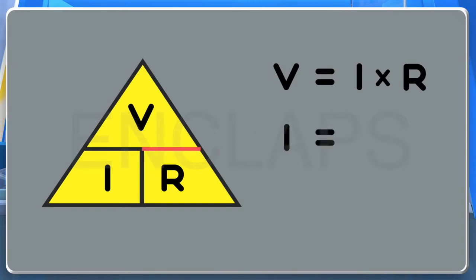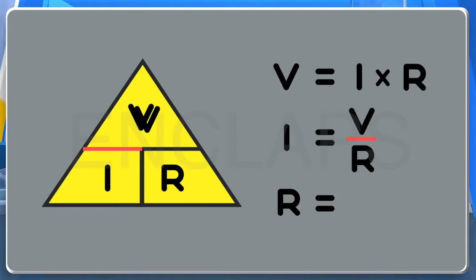It looks like V by R, isn't it? So, the equation is I is equal to V divided by R. Now, finally, in order to find the resistance R, either you hide the letter R or look at the line between V and I. The equation comes out to be R is equal to V by I.